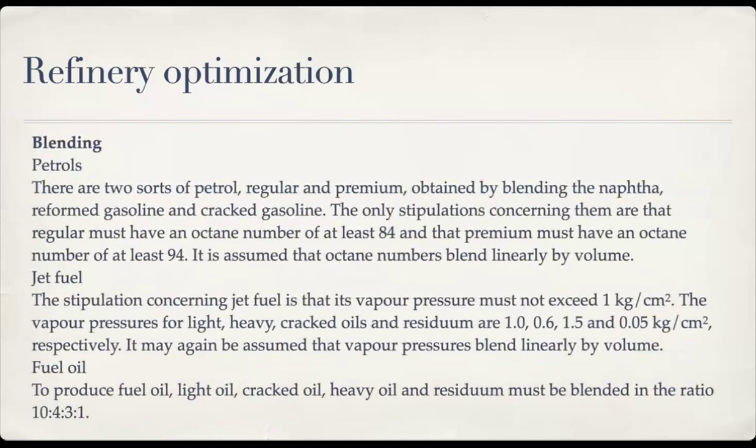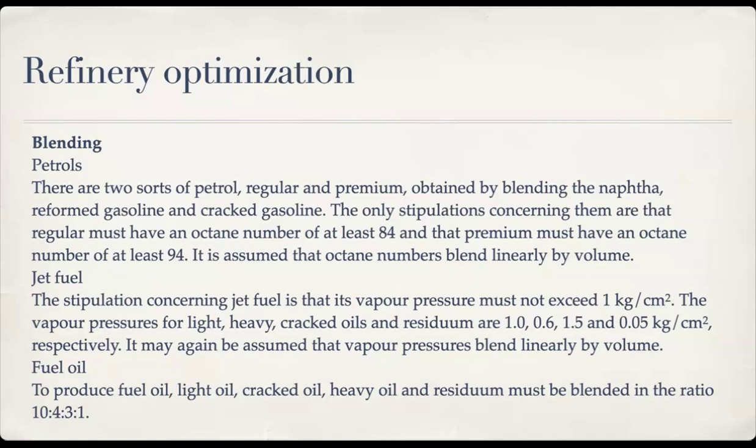Now we move to the last process, which is blending. For blending, we have petrol. We have two sorts of petrol, regular and premium. The stipulation concerning regular petrol is the octane number, which must be at least 84.